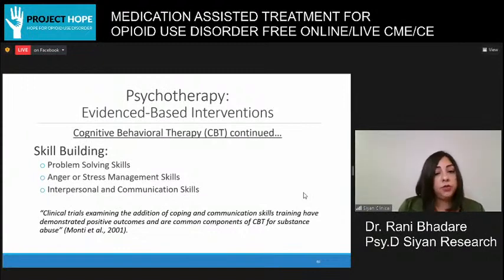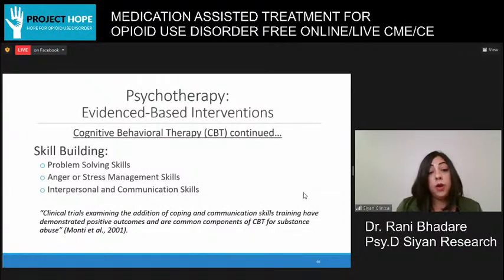Also in terms of boundaries, we look at types of boundaries. You know, there's time boundaries, how much time you give to people or people expect of you. Material boundaries, how much do you lend stuff or ask for things. Sexual boundaries or physical space boundaries. Intellectual boundaries. So we really break it down for them.